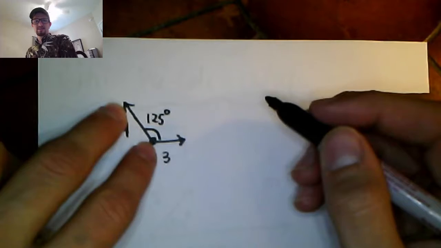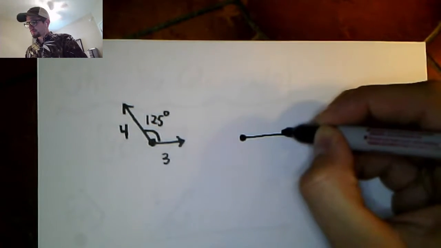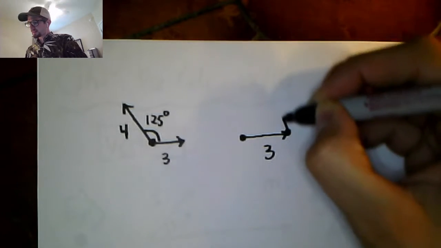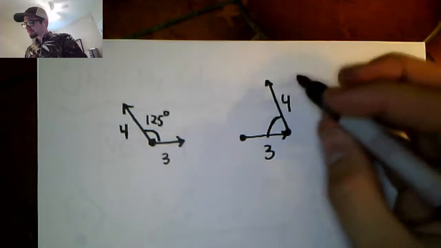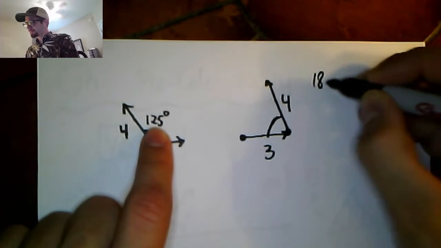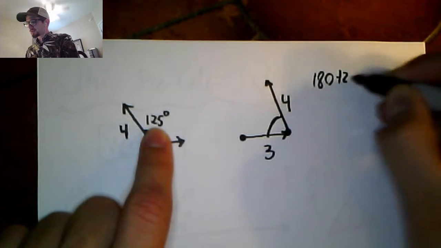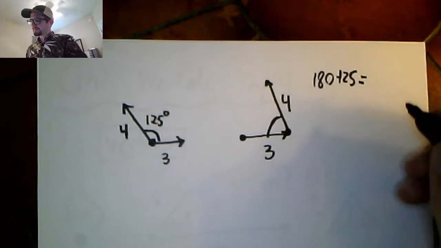I'm going to move this that way. So this is 3. I'll move this angle right here. This is 4. And now I have a new angle. To get this angle, I say 180 minus 125, sorry, and that gives me 55.